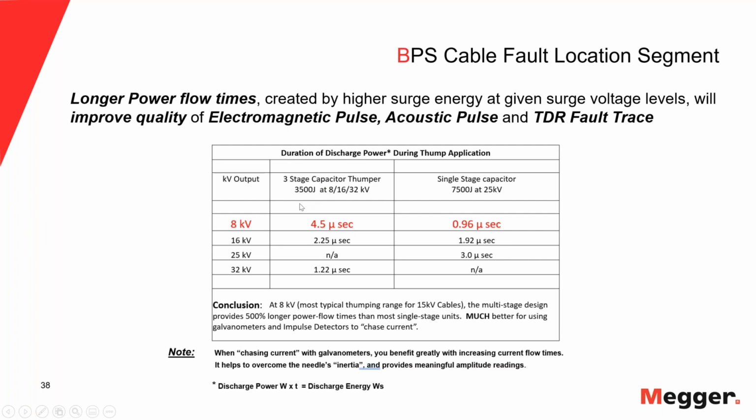And if I go with the big old thumper, 7,500 joules, at 8 kV, I have only 0.96 microseconds. So the flow of that energy is much shorter, and the energy is actually much less. That is why a multi-stage thumper is normally advantageous in these applications, because I can better adjust the energy that I want to apply to a safe voltage to operate in my network system.